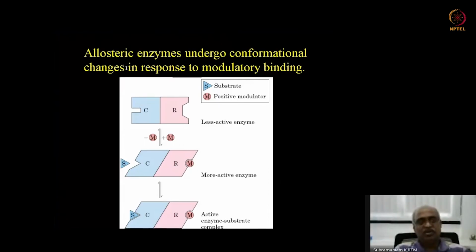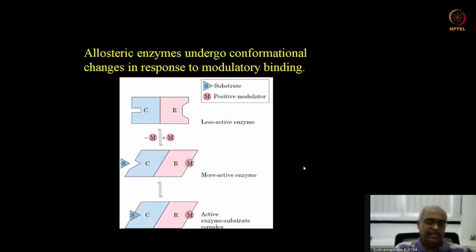So the modulator may be an activator. In the case of oxygen and hemoglobin, oxygen is the activator because oxygen binding to one subunit activates oxygen binding in other subunits. Such factors are called allosteric activators. It could be an activator or inhibitor, so we call it an allosteric modulator, or allosteric regulator, and that binds elsewhere.